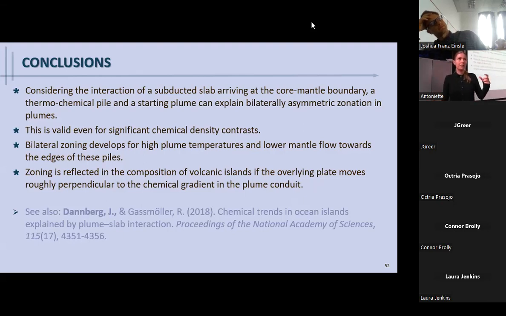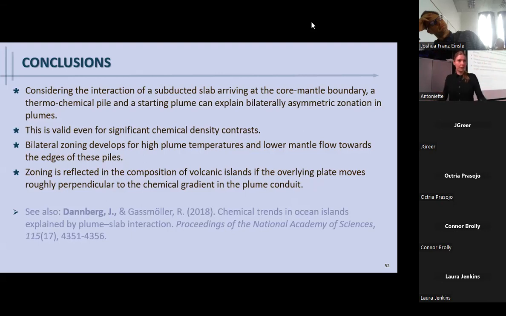I still think for slabs, it would be really hard to entrain material or have any material separate before they reach the core-mantle boundary, just because they are so cold, and that makes them so hard to deform. But one thing you can think about is what happens to the water in the transition zone. That could be released, and then what happens if a plume comes up? Can it take some of that? And for plumes, maybe under certain conditions they can stall in the transition zone because of the phase transitions.